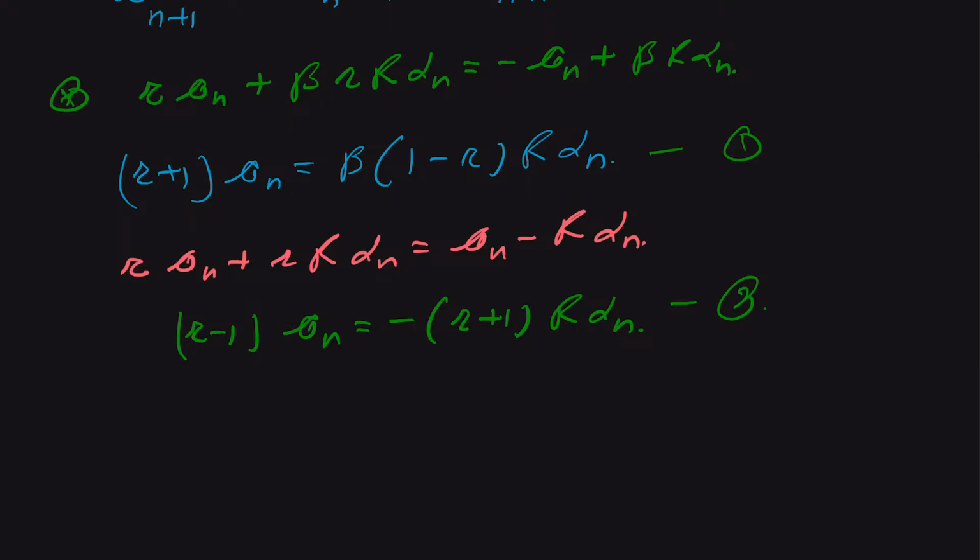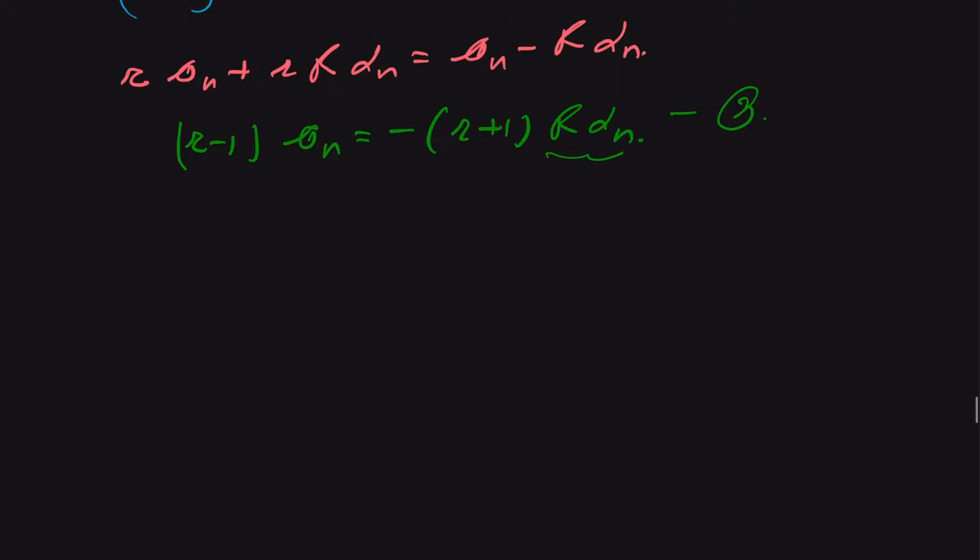So these are the two algebraic equations, and from here we can just solve them, and we are going to eliminate this r alpha of n and r alpha of n.